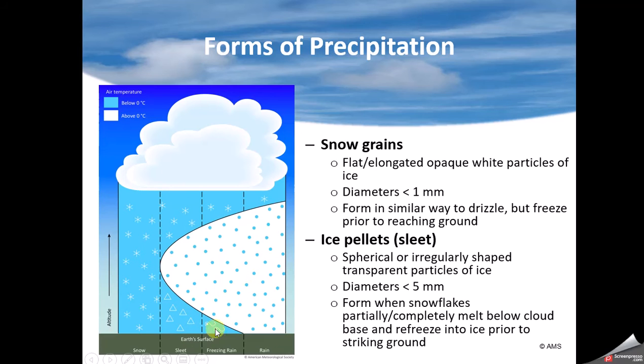If there's not, it'll just be freezing rain at the surface. Now, if it never melted, it stays all snow, or if it melted all the way, it becomes all rain. So you can see, depending on the temperature of the air aloft and how thick that warm layer is, and it doesn't take a lot of warm layer, it can cause the precipitation to go anywhere from snow to sleet to rain to freezing rain.